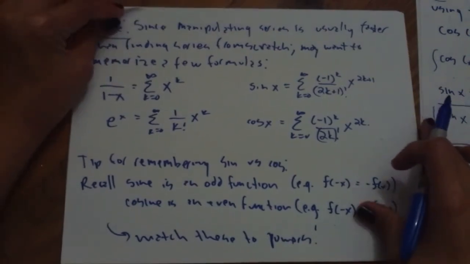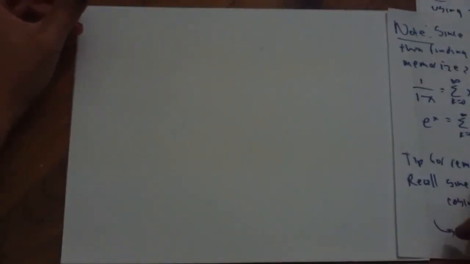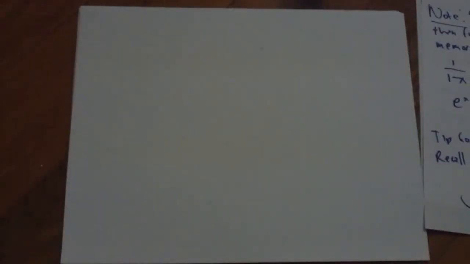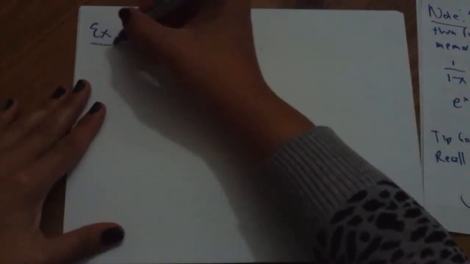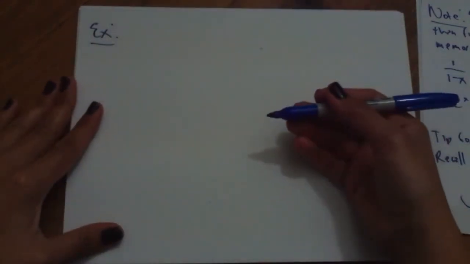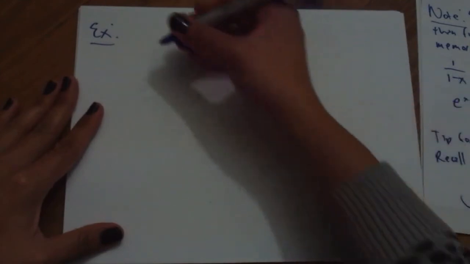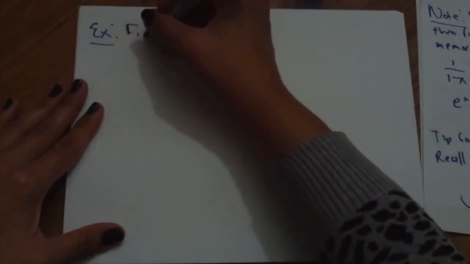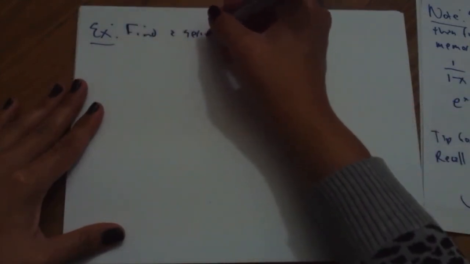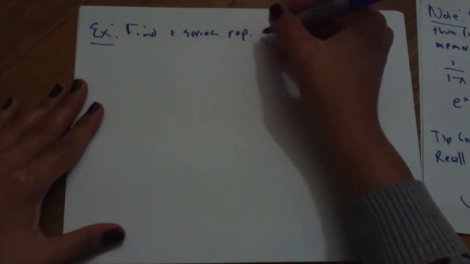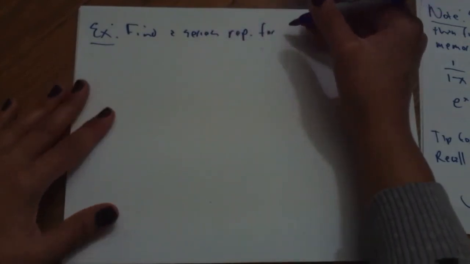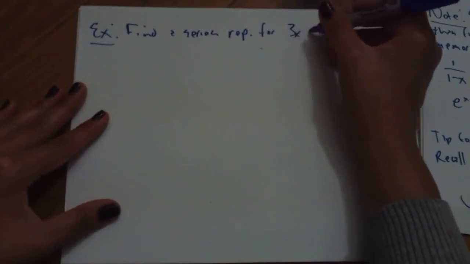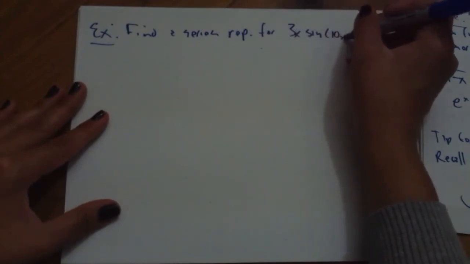I'll try and do a really fast example where we maybe manipulate one of these here. I'll try something kind of similar to what we did with the 1 over 1 minus x functions a while back. Let's see if we can find a series representation for, let's say, 3x times sine of 10x.